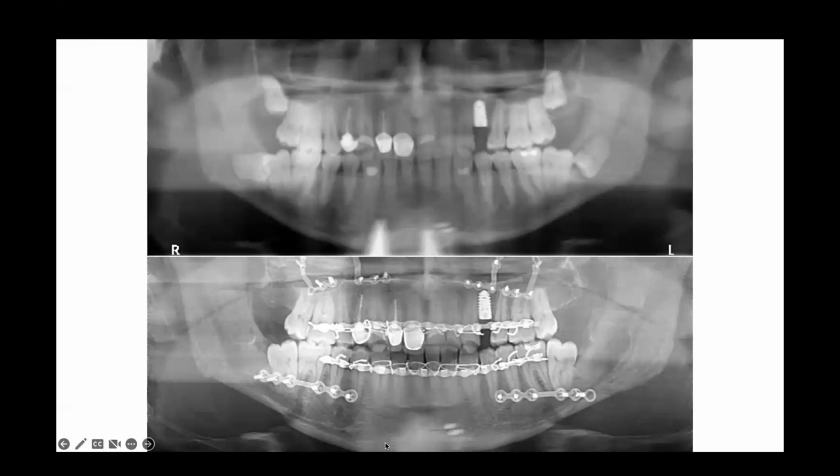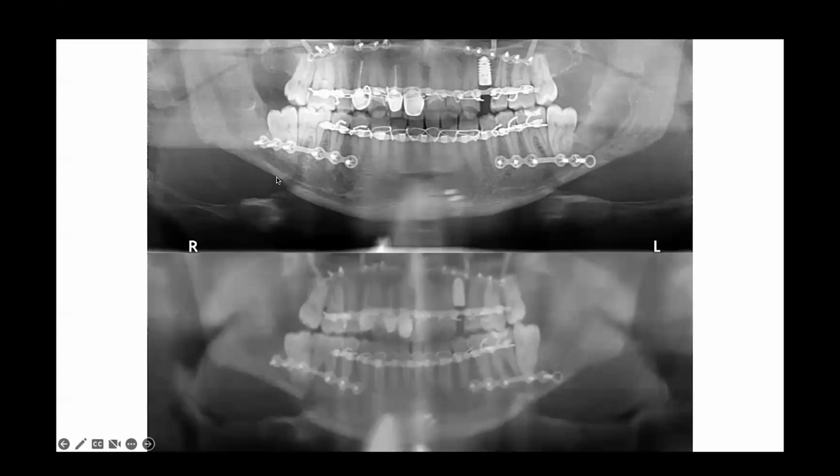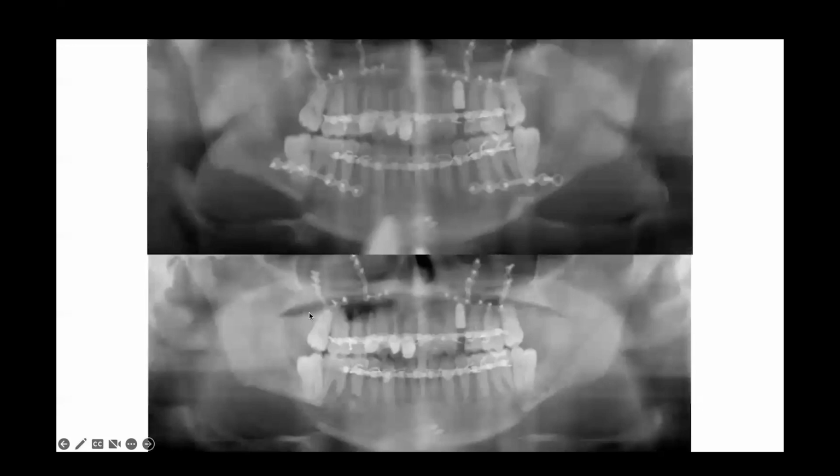Not a very good advancement, but that's not the worst part. Mandibular displacement, non-union, infection. You see these cases, similar story, okay? Bad advancement distance, problems after problems after problems.